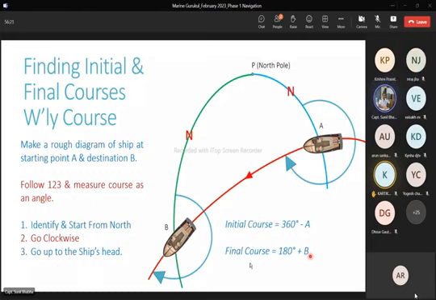Inner angle. I understand, sir. Go ahead. So this inner angle at B is angle PBA, correct, sir? That's right, beta. Papa Bravo Alpha, PBA.